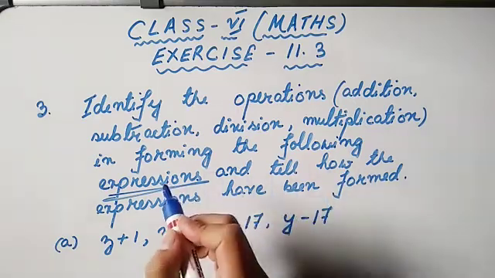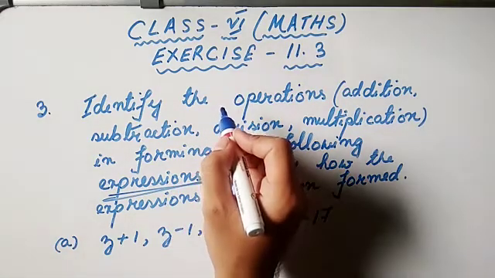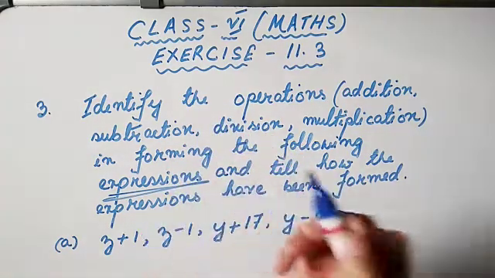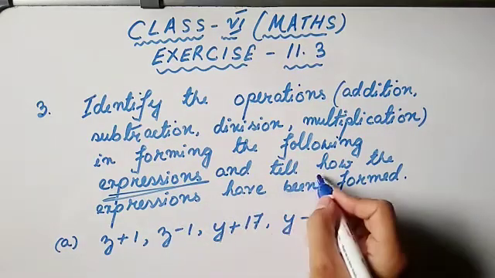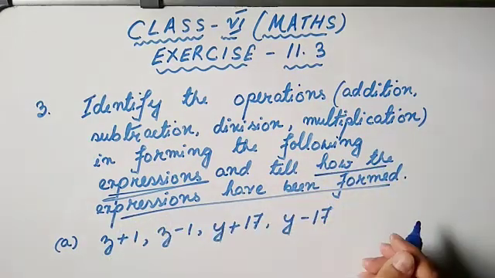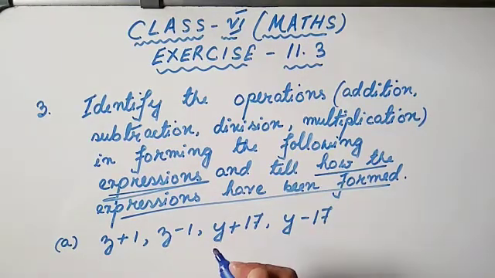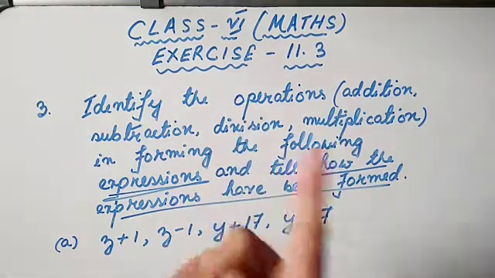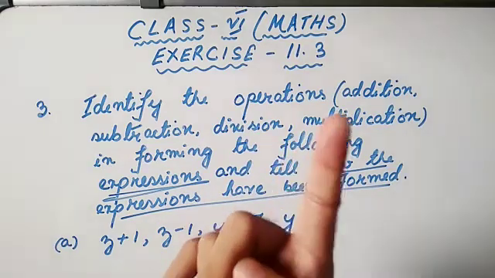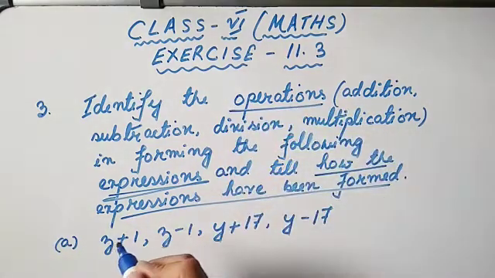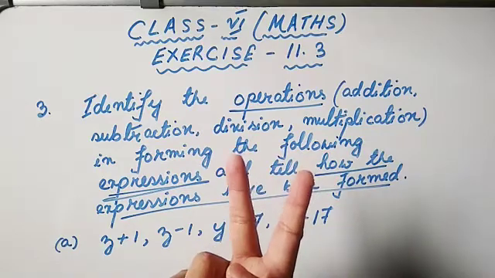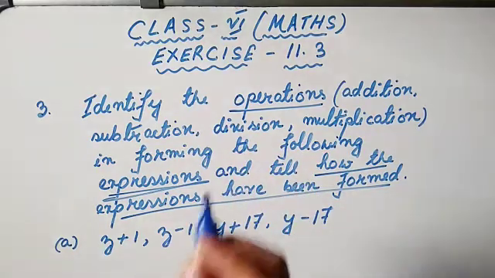Then after finding the kind of operation used in the expression, we are going to find again how the expressions have been formed. So for every expression, we will have two answers. One answer is for finding the kind of operation used and the other answer is for finding how the expressions have been formed.